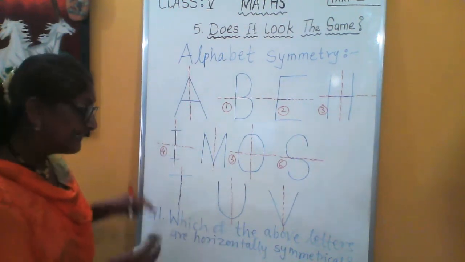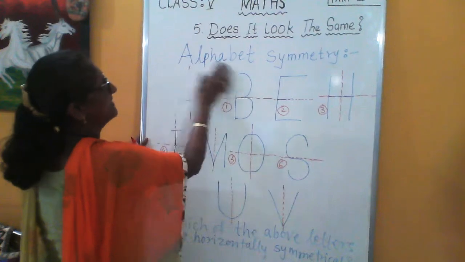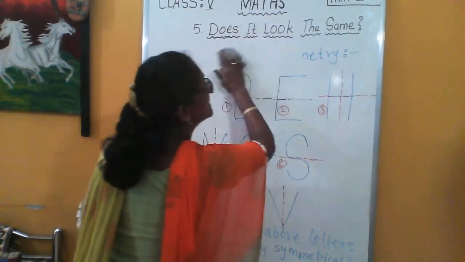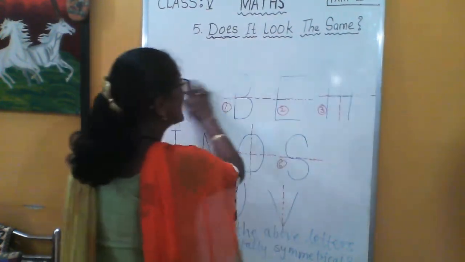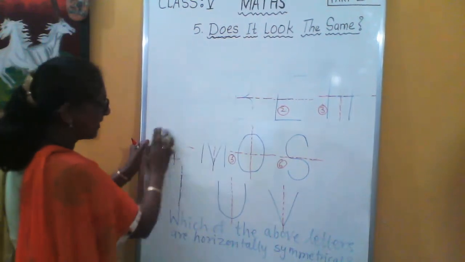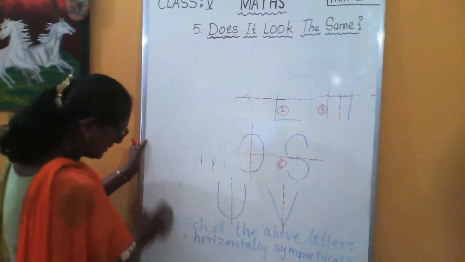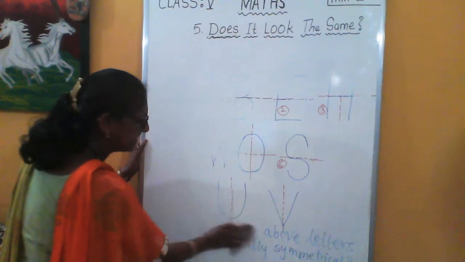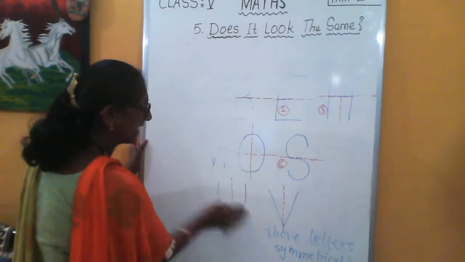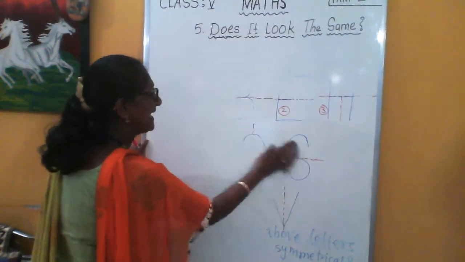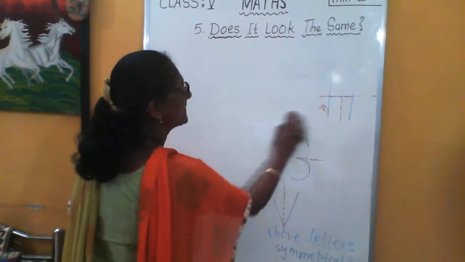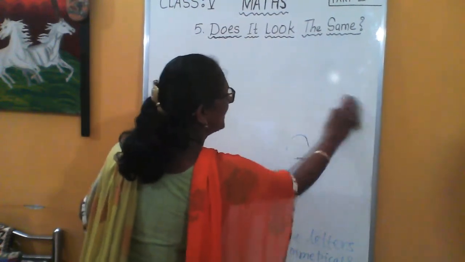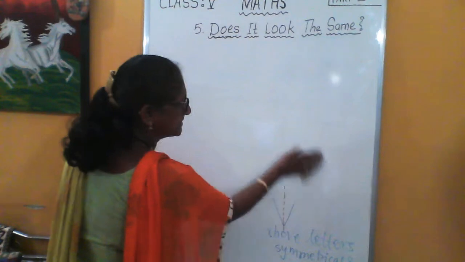So, the next part of this lesson is rotating symmetry. Do you know what rotating means? When things are rotating, halfway, or 1/4 way, or 1/3 way.